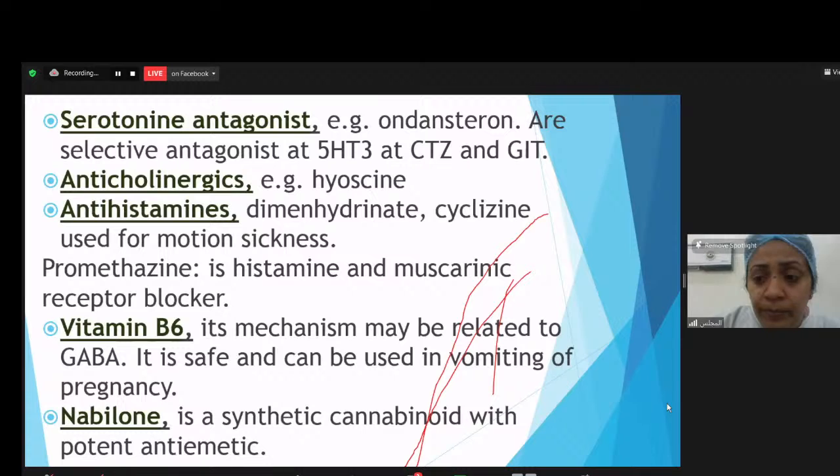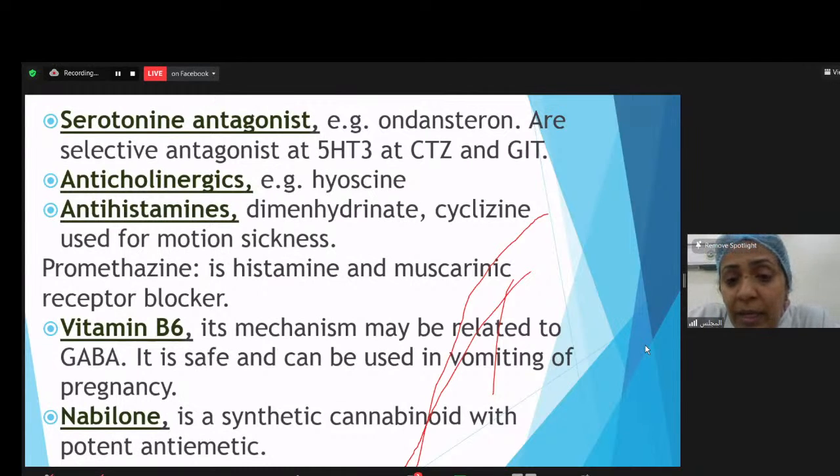We have nabilone, a synthetic cannabinoid with a very potent antiemetic effect. Cannabinoids have a very strong antiemetic effect.